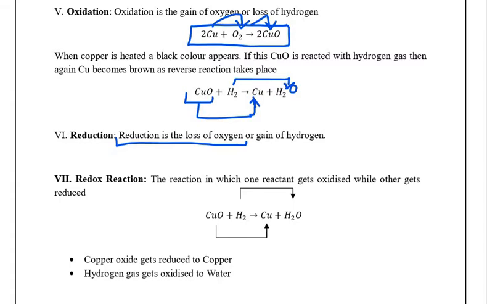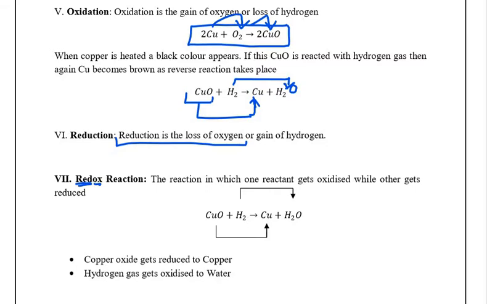Now the other name for oxidation and reduction reaction is redox. RED stands for reduction, OX stands for oxidation. Reduction plus oxidation make a redox reaction, in which one reactant gets oxidized and the other gets reduced.